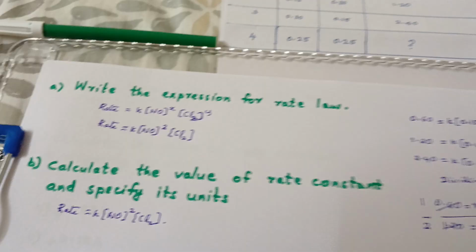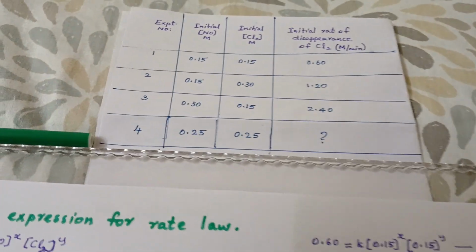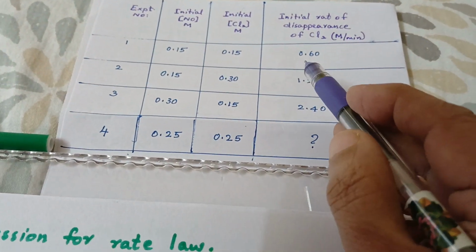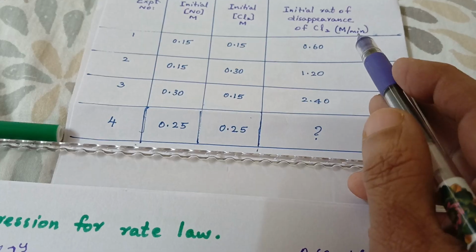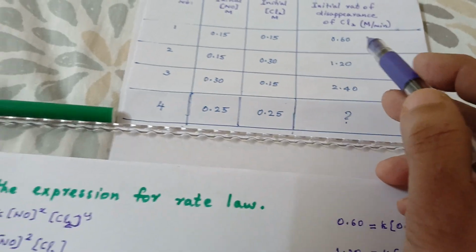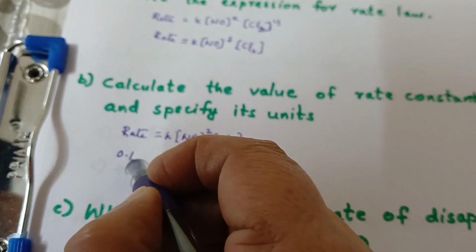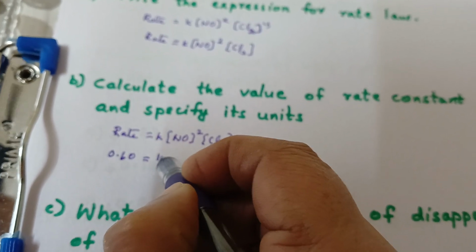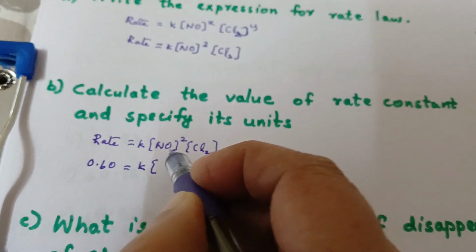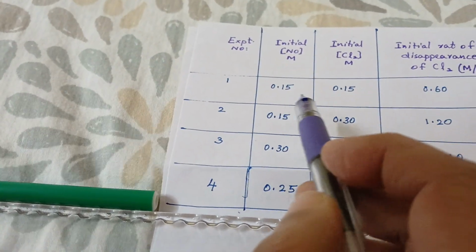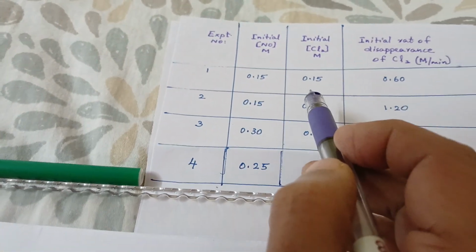Now if we take the first experiment, 0.60 is the initial rate of disappearance of Cl2. So 0.60 equals K into concentration of NO. Both NO and Cl2 are 0.15 each.